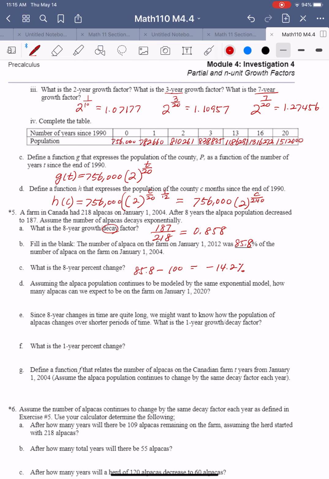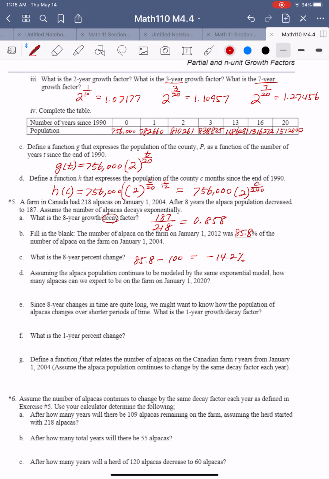So D, assume the alpaca population continues to follow the same exponential model. How many alpacas can be expected in 2020? So 2020 is how many years later than 2004, which is 16 years.